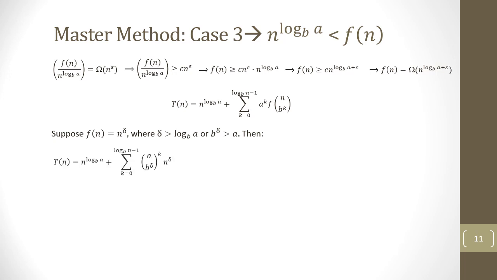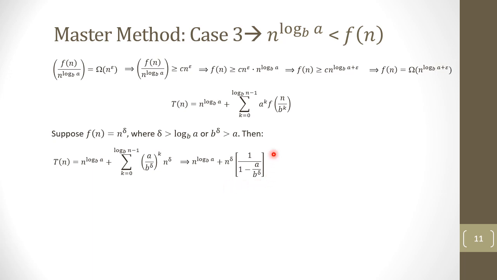we will get the following equation. We can see a geometric series here, and since b to the power of delta is greater than a, this ratio will be less than 1. So we will use the geometric series formula of 1 over 1 minus x, and we get the following equation.